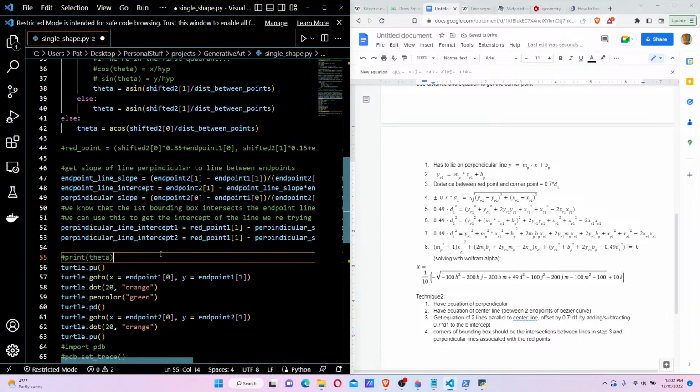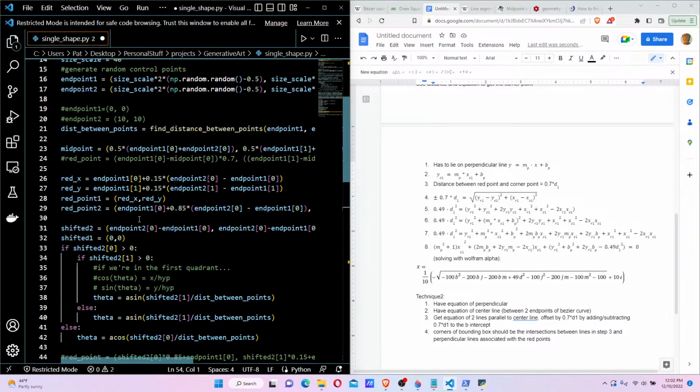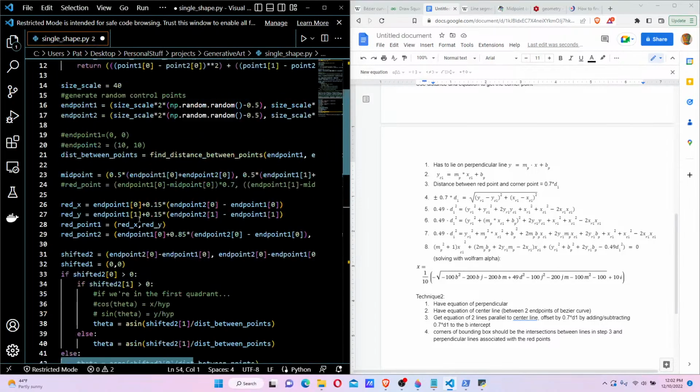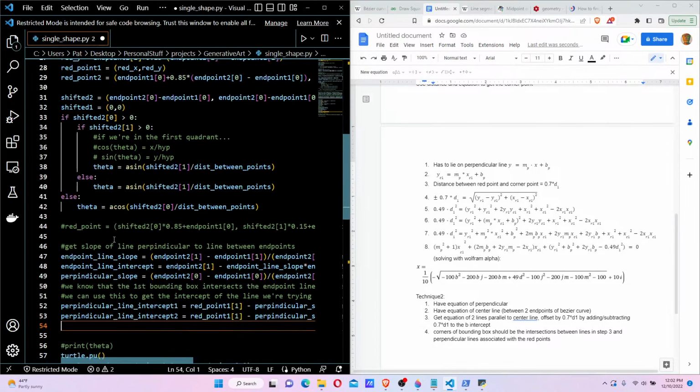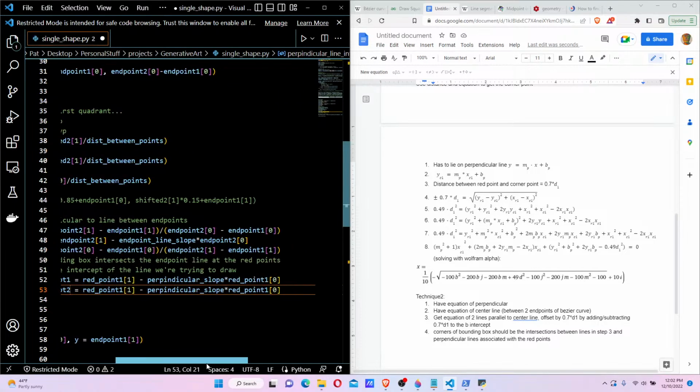So perpendicular line intercept 1 and perpendicular line intercept 2, they each have the same slopes. So: endpoint line slope, endpoint line intercept, perpendicular slope, perpendicular line intercept 1, perpendicular line intercept 2.